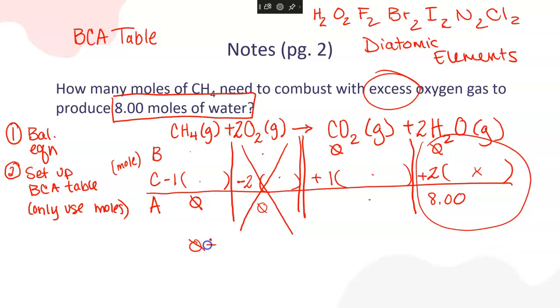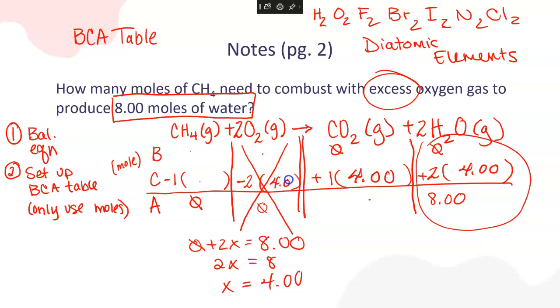What is 0 plus 2x equal to 8? What's x? 4. So 2x is equal to 8. X is 4. And we can say, hey, let's use sig figs. So what goes in all of the parentheses? 4. The parentheses will always be the same. Good?